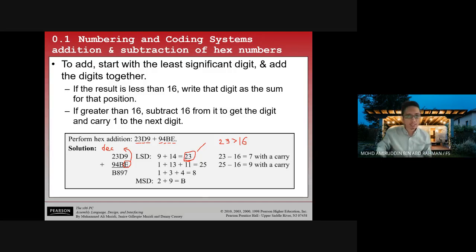So what is the digit? The digit is 7, because you need to subtract 16 from 23. So you got 7 with a carry. Carry means that you add 1 there.